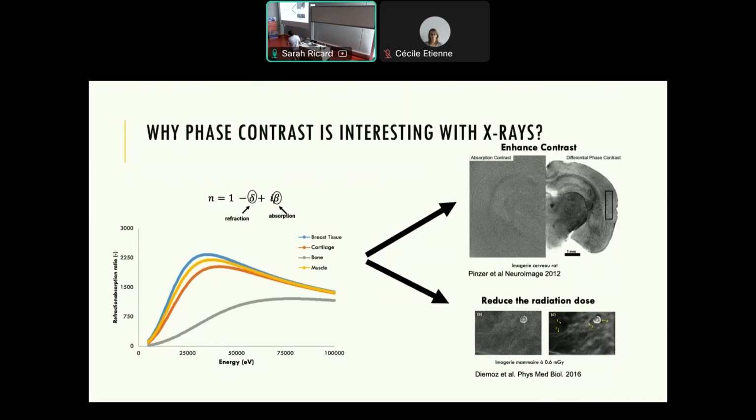So in other words, we are deviating light 1000 times more than what we absorb in X-ray. But for the moment, what we measure is what we absorb.